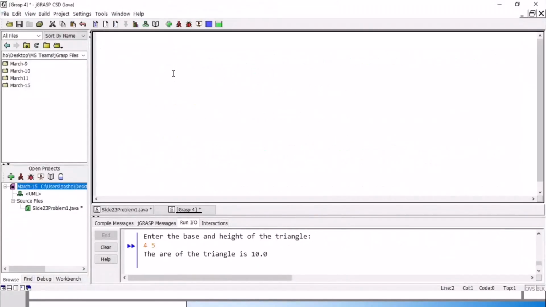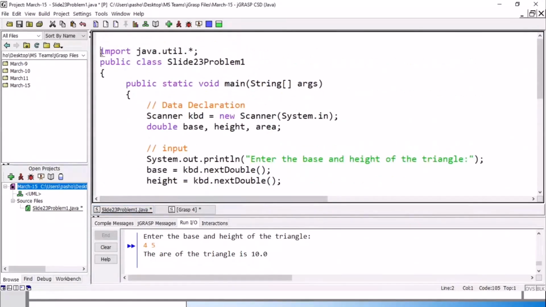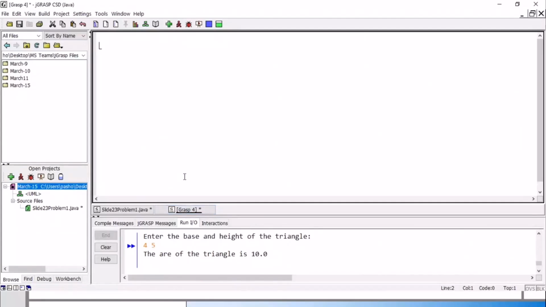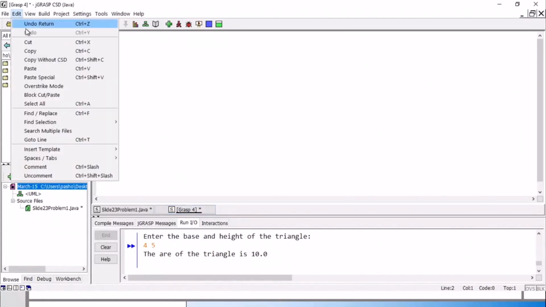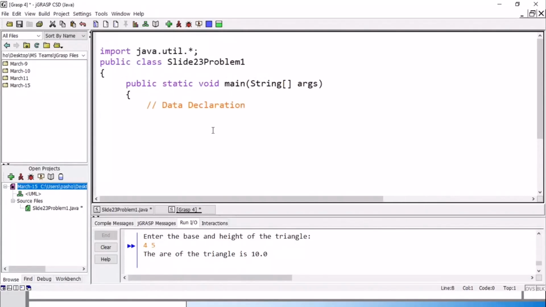Okay, and I will just simply copy these lines from the previous example, and then I will go to our program here, paste, to save time. Then we will close main, and we will close the class.